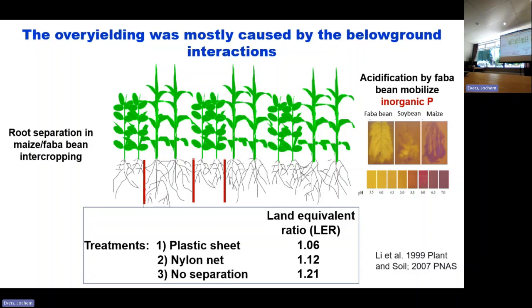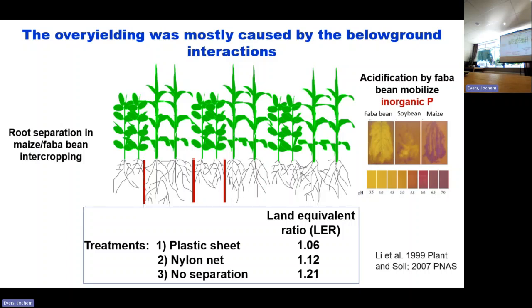The different colors represent the pH of their rhizosphere soil. The yellow means there is a strong acidification. The purple means no acidification. Then we found that the faba bean root can acidify the rhizosphere soil strongly, and the acidification can release the fixed phosphorus by the soil phase.